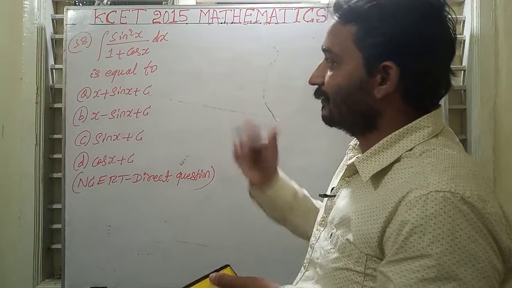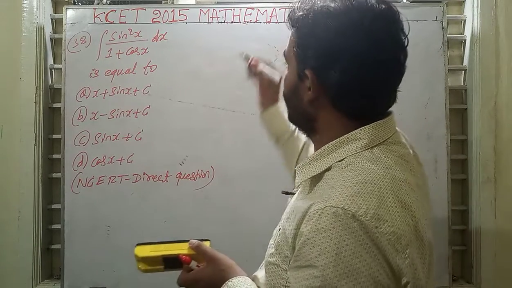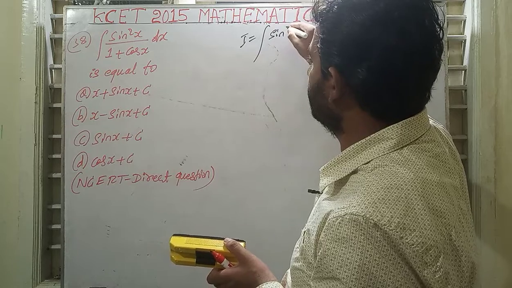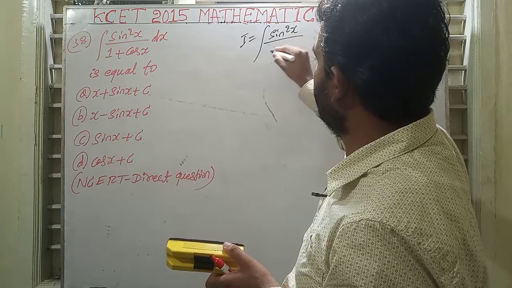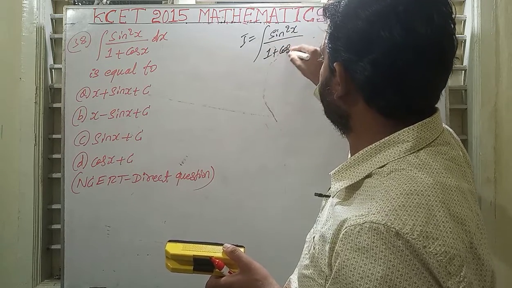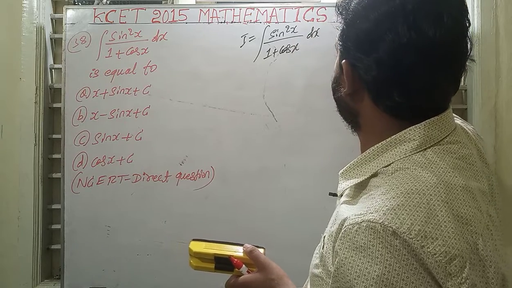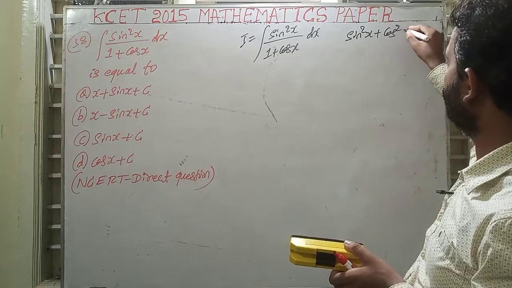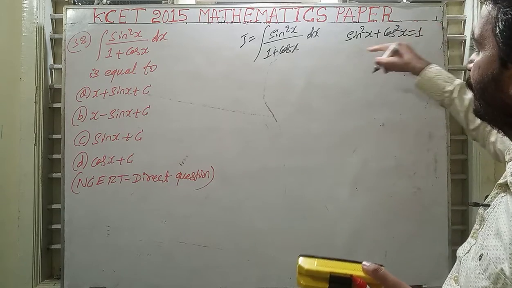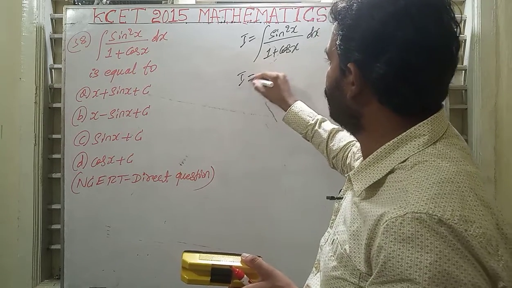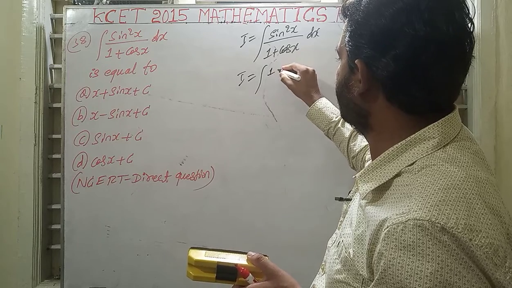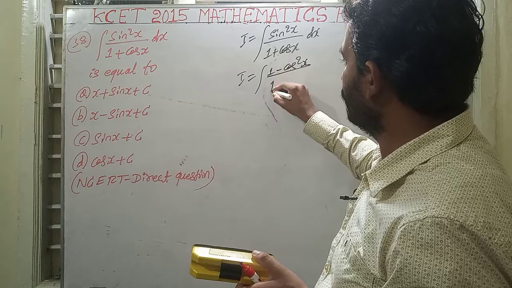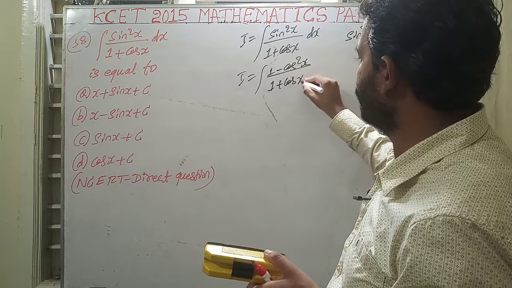So now let us take the given data as I, the integration of sin square x divided by 1 plus cos x with respect to x. Now sin square x can be written, using this formula, as 1 minus cos square x. In the numerator, sin square x is replaced by 1 minus cos square x, whole divided by 1 plus cos x.